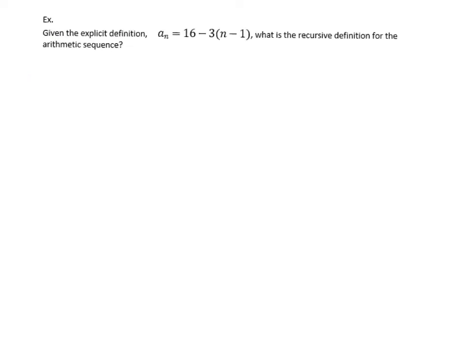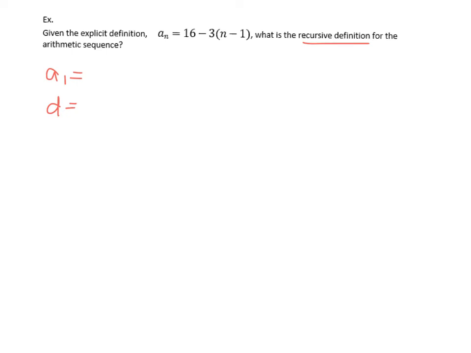In our next example, we're given the explicit definition and asked to convert it to a recursive definition for an arithmetic sequence. Now remember, for a recursive definition, we need a sub 1 and we need d, just like we did for explicit. Can you look at this equation and determine what those values are?